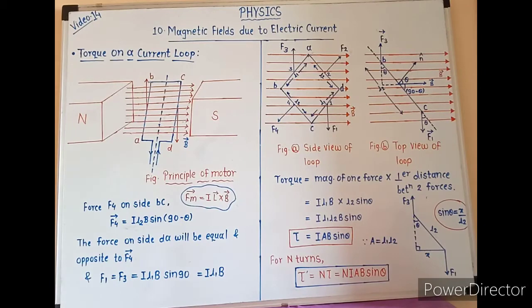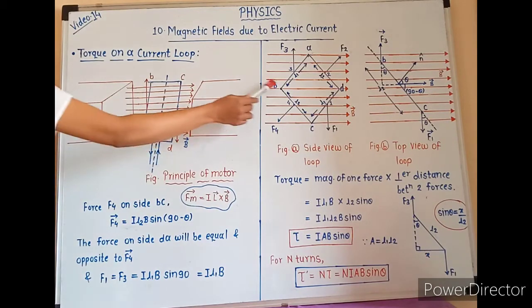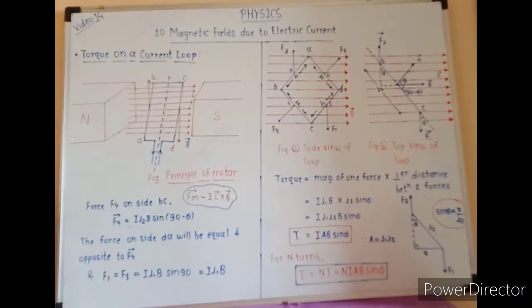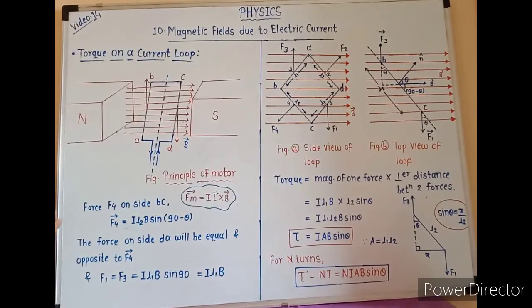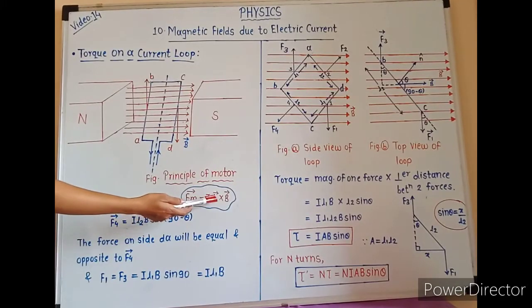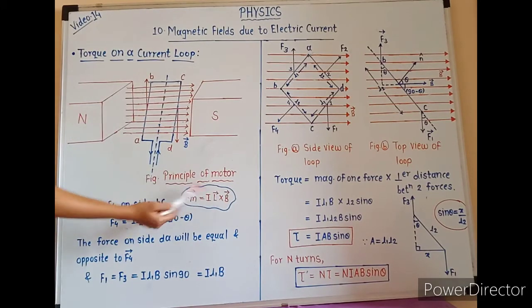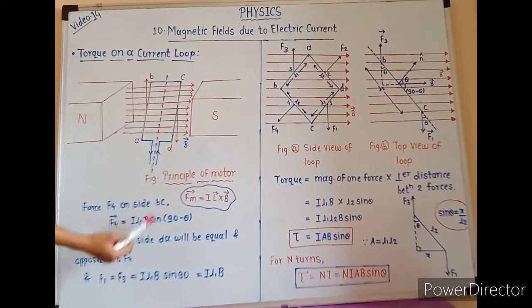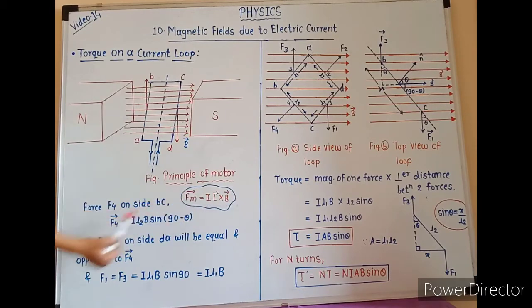Now first we will calculate the force on side BC, that is F4. Okay. In the previous lecture we have studied the magnetic force for the closed loop: Fm bar is equal to I into L bar cross B bar. By the definition of cross product we get Fm is equal to I L B sin theta.